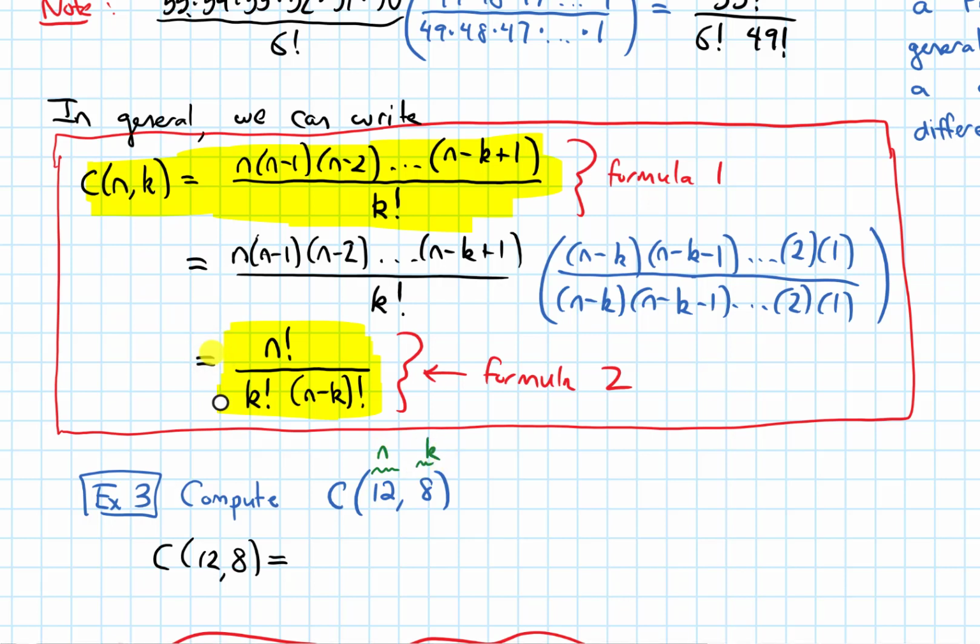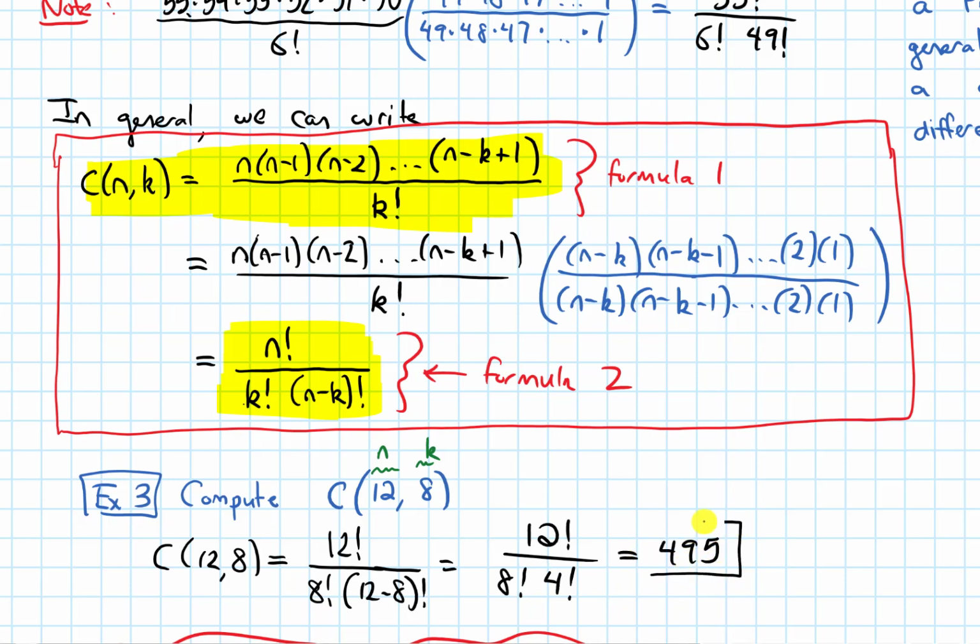We get n factorial on the top, 12 factorial. On the bottom we get k factorial first, so 8 factorial, and then times n minus k, so that's 12 minus 8 factorial. If I simplify this, this is 12 factorial over 8 factorial times 4 factorial. Then if I work this out with a calculator, we get 495. And that's our answer.